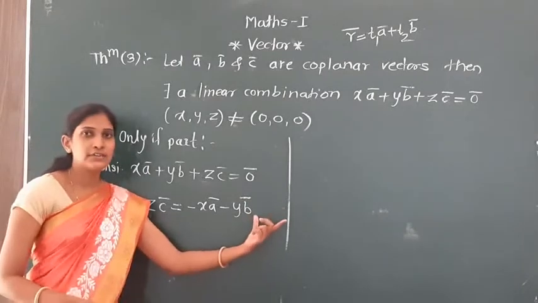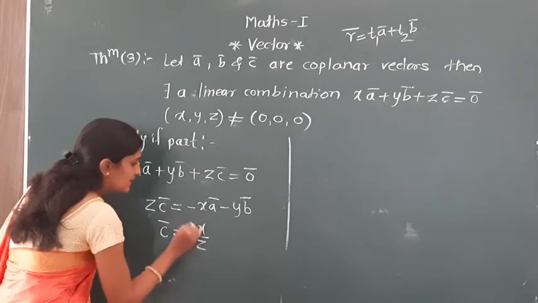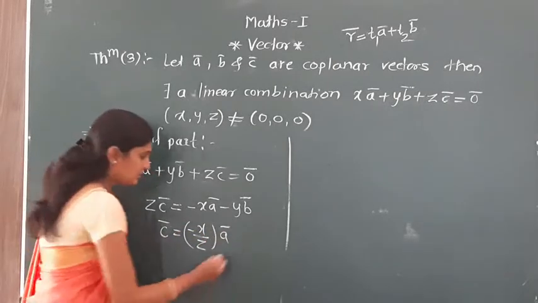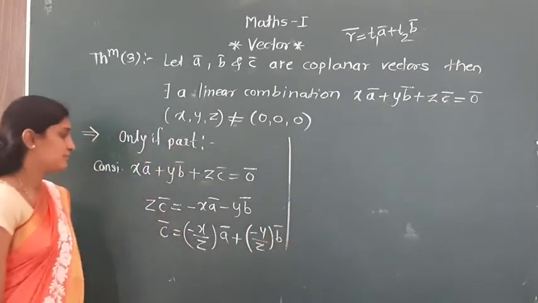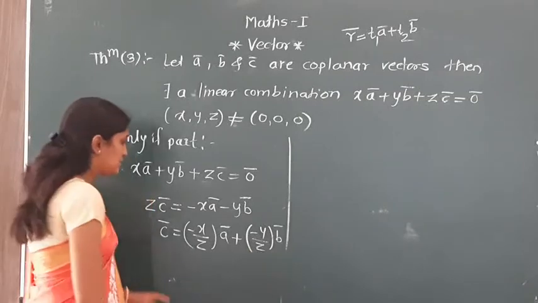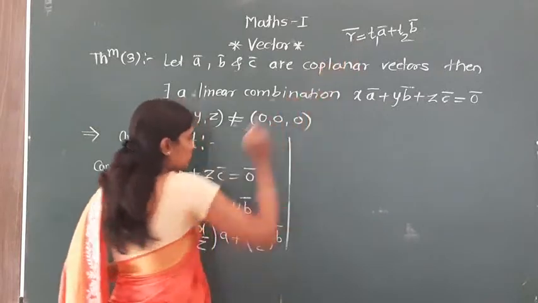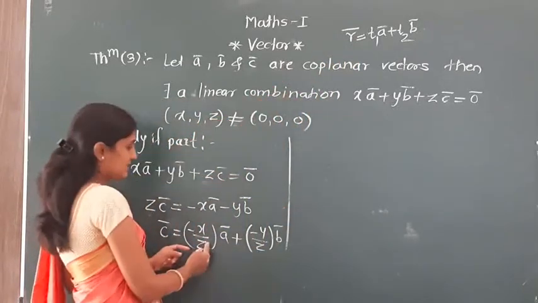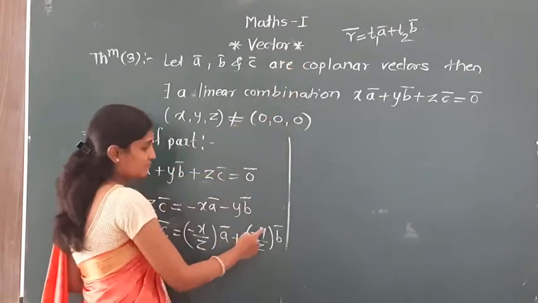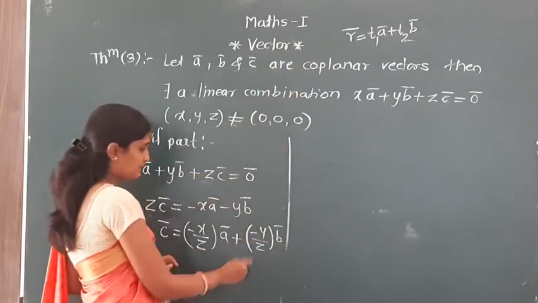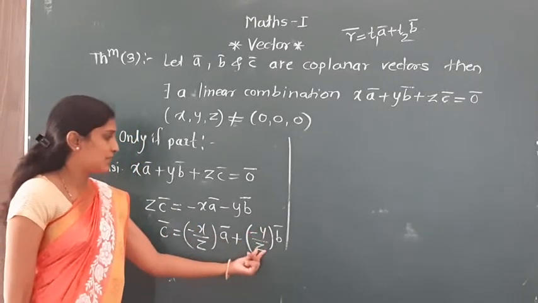We divide this equation by Z, so C bar is equal to minus X by Z A bar minus Y by Z B bar. Compare these two equations. C bar is equal to R bar, here the scalar T1 is minus X by Z, and the scalar T2 is minus Y by Z.